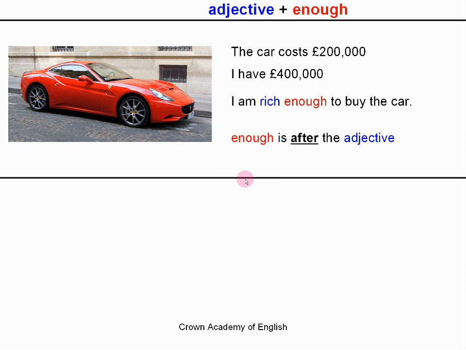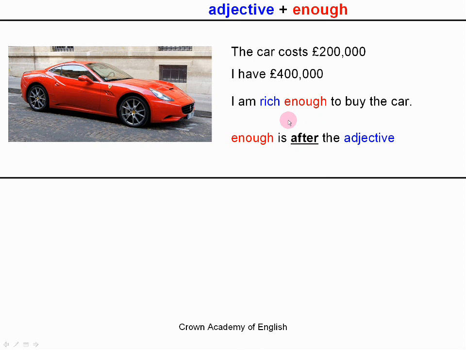So this is very important. Look at the position. Enough is after the adjective. It is not before the adjective. Remember, the word too was before the adjective. But the word enough, we always write it after the adjective.